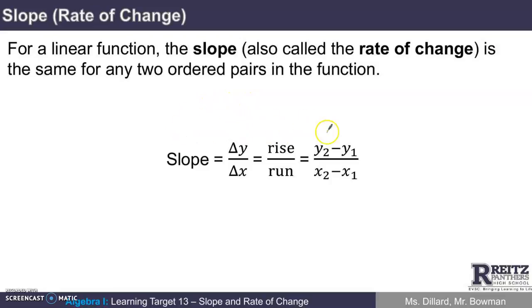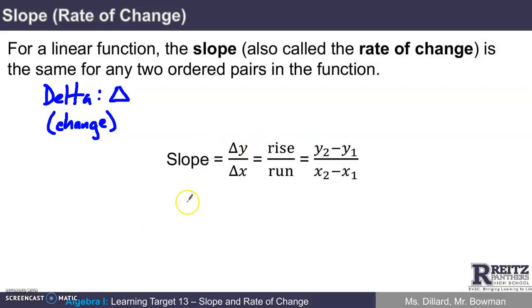Now there are a lot of different flavors of the definition of slope that we'll use throughout the coming days. This one right here is the one that I use most often, and it involves understanding what the triangle means when you see it in a science or math class. That's actually the capital Greek letter delta, and it usually means change.